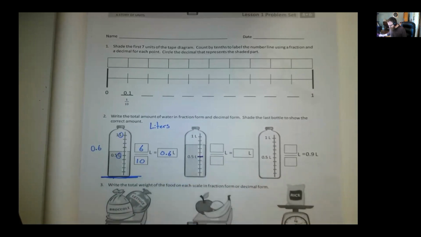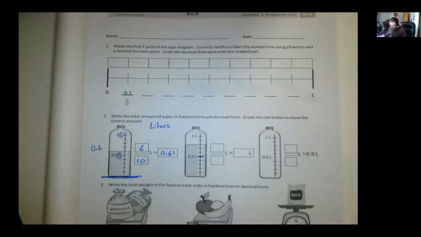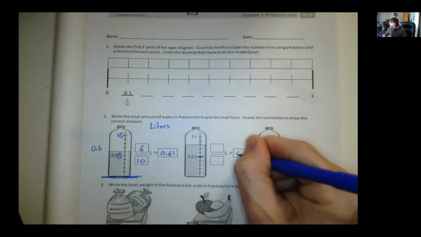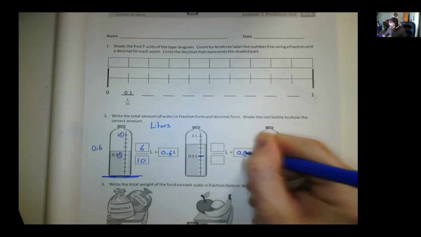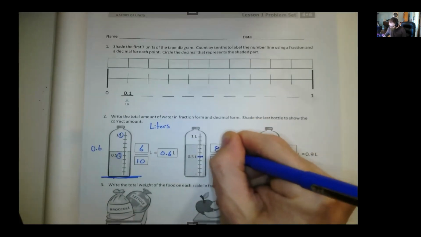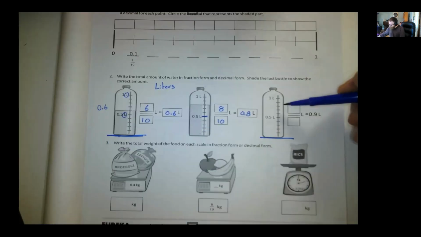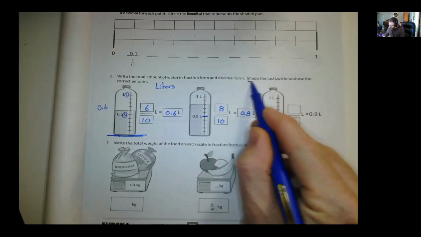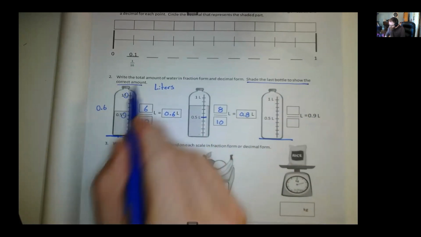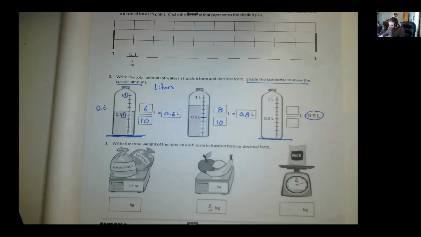This line is worth 5 tenths of a liter, 0.5. 6, 7, 8, 8 tenths. Show it as a decimal, 0.8 liters, 8 tenths of a liter. Show it as a fraction, 8 tenths of a liter. For the last bottle, shade the last bottle to show the correct amount. The correct amount is given to us in decimal form, 9 tenths of a liter.